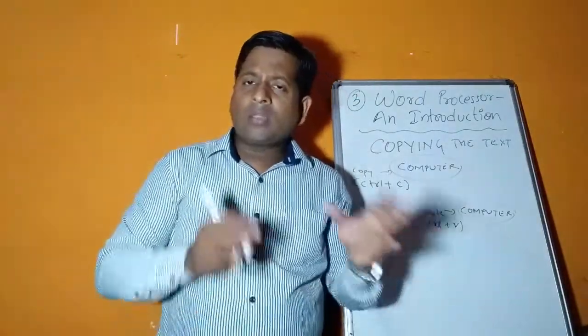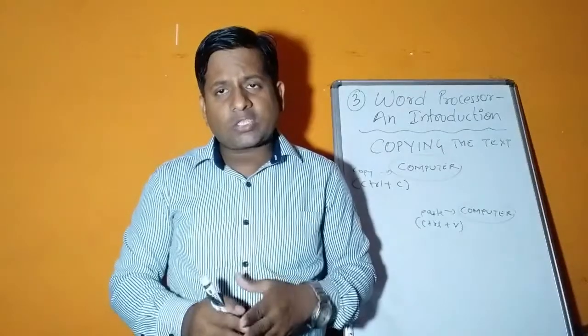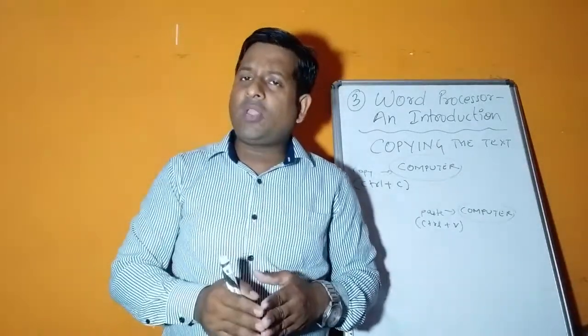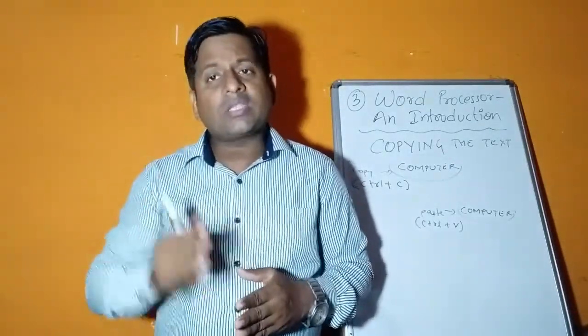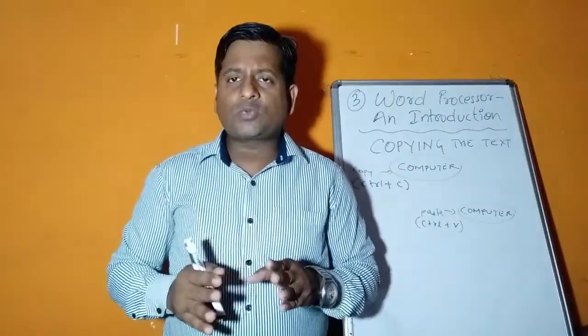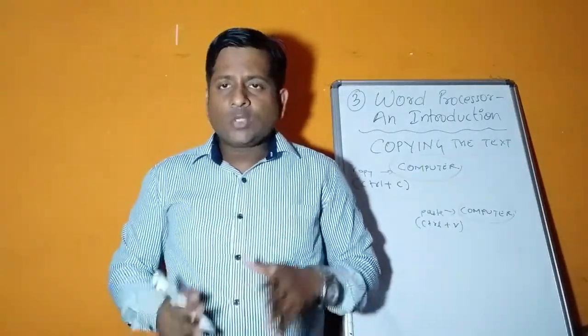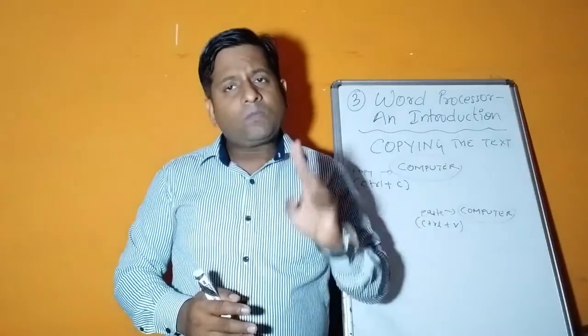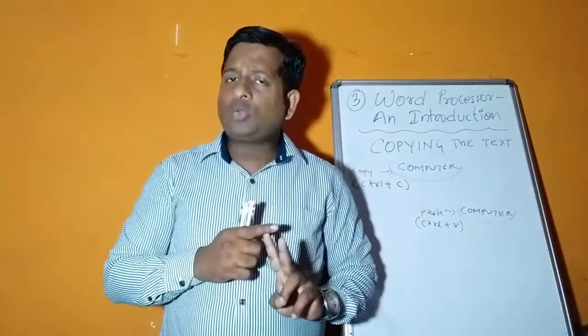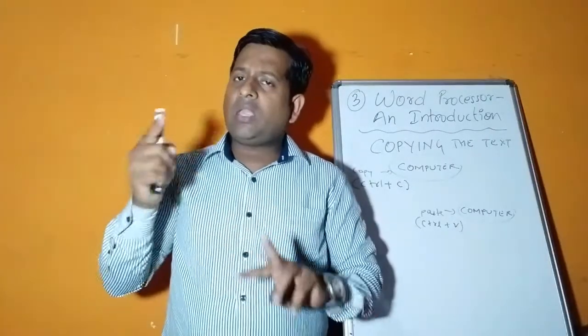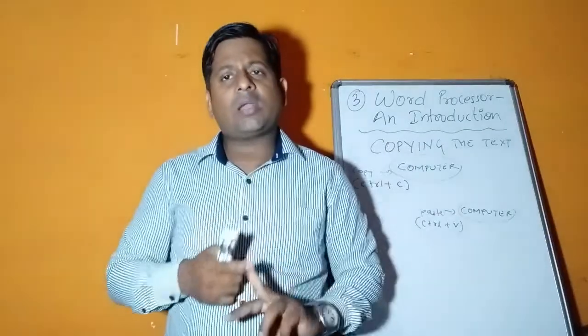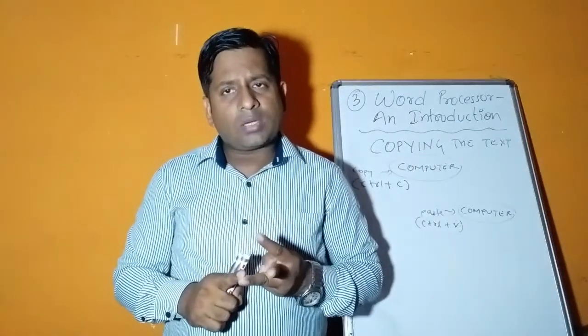In copying, the original text remains unchanged, whereas in moving, the original text gets deleted. That is the difference between copying and moving. So children, today I have explained three different topics. First of all, how to delete the text. Secondly, how to move the text, and third, how to copy the text.